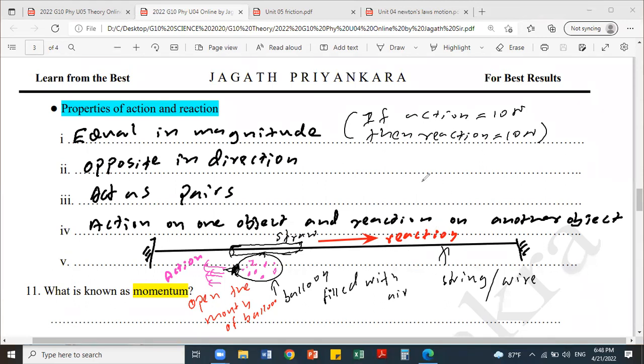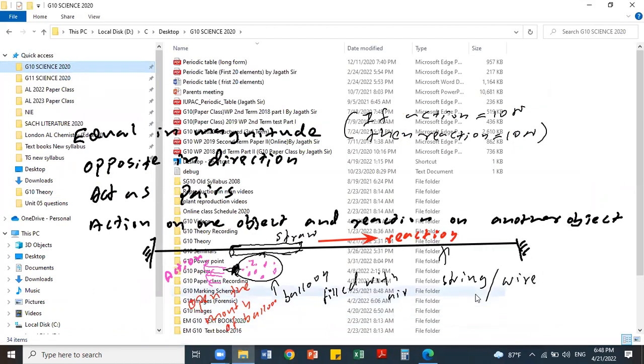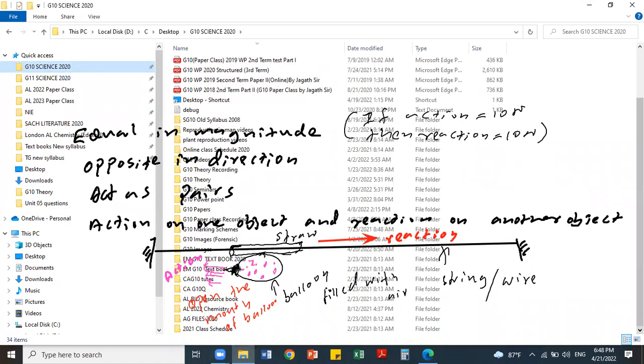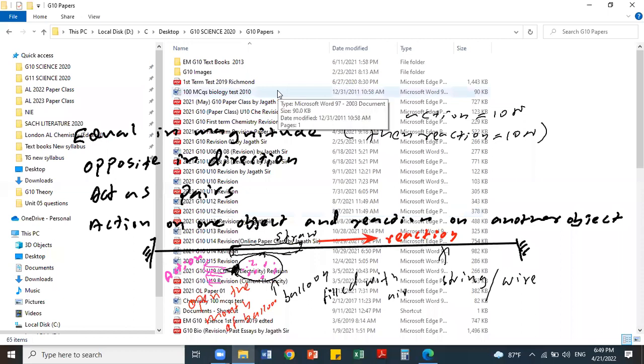Once the Western Province paper gave this diagram and asked this question. If you want, I'll share that paper with you, the grade 10 Western Province first term test paper.